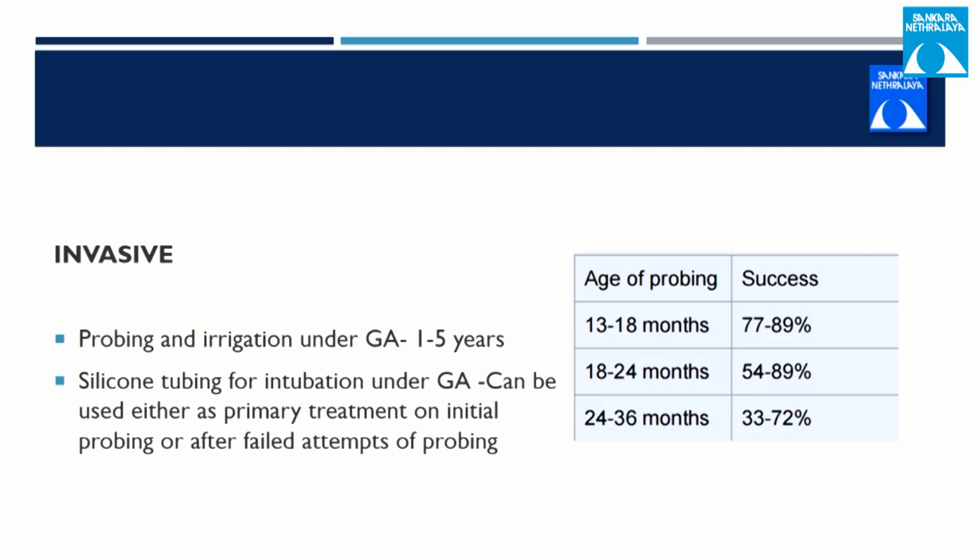So in spite of that, if it is failed, then the second time we do probing, we can do an intubation. Inferior turbinate fracture can be done even in the first sitting when we take a probing, because we will be examining the nose and we do probing under endoscopic guidance only. Okay, unless you see the probe in the nasal meatus, the inferior meatus, it's like you have not done a proper probing.